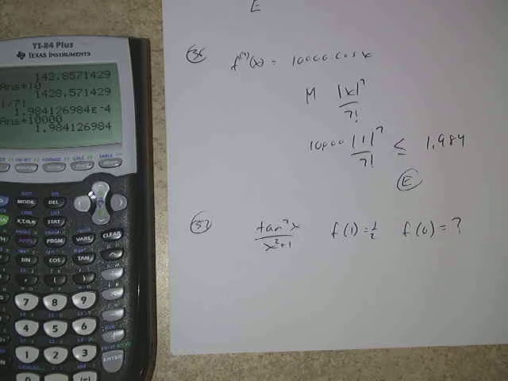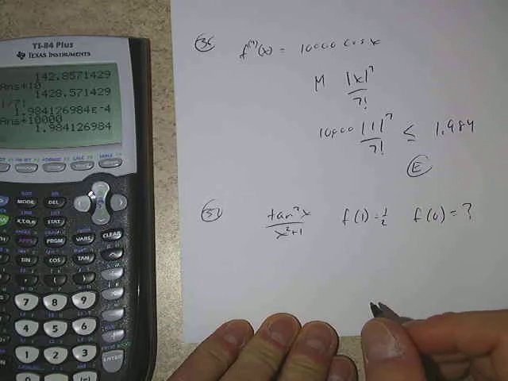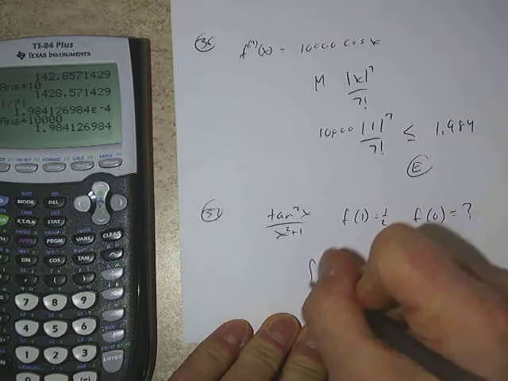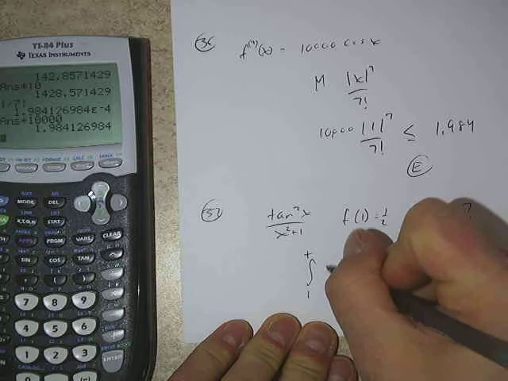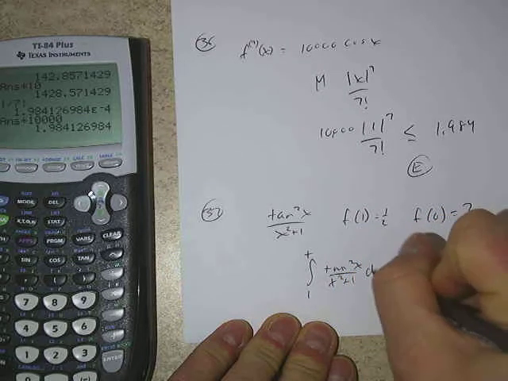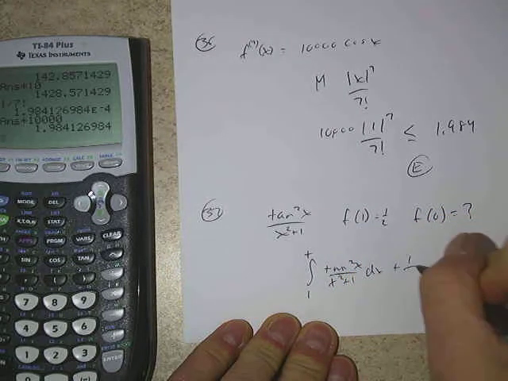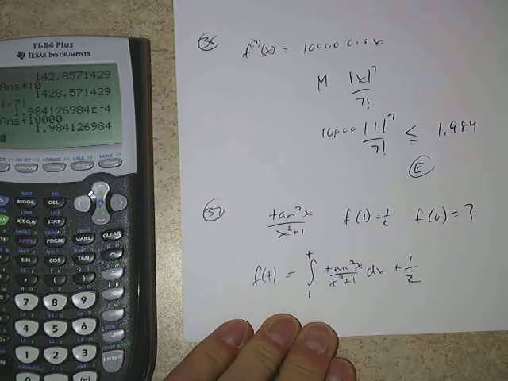So ultimately, again, f is an antiderivative of this function. So really, isn't that fairly similar to that one we did a minute ago? Couldn't we write the integral from 1 to t of tangent squared x over x squared plus 1 dx plus a half equals our f function, our antiderivative.